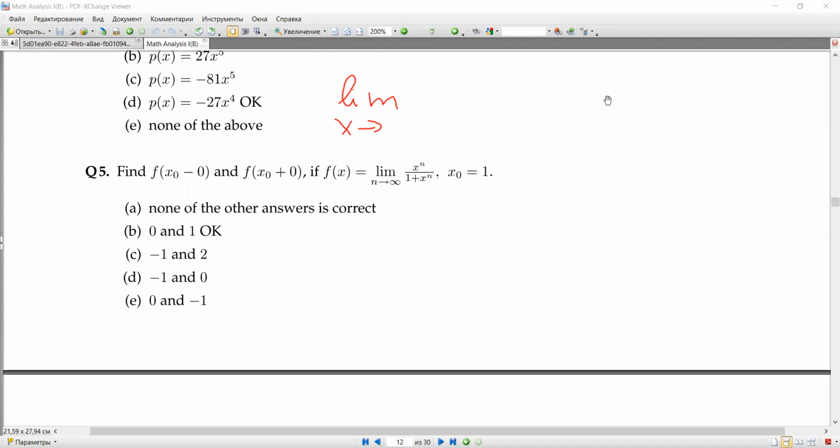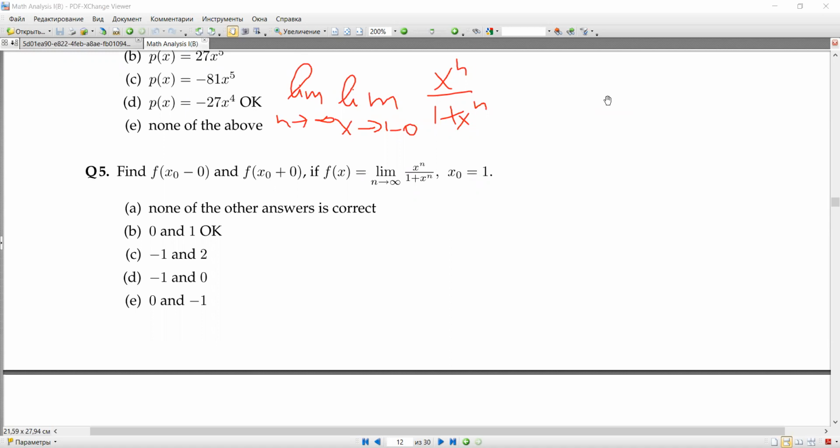So first of all, look, limit as n tends to infinity, and x tends to 1 minus 0 and 1 plus 0. So here xn, 1 plus xn. If it is a smaller value than 1, 1 minus 0, left side of the 1, where does it tend now? As n tends to infinity, of course.